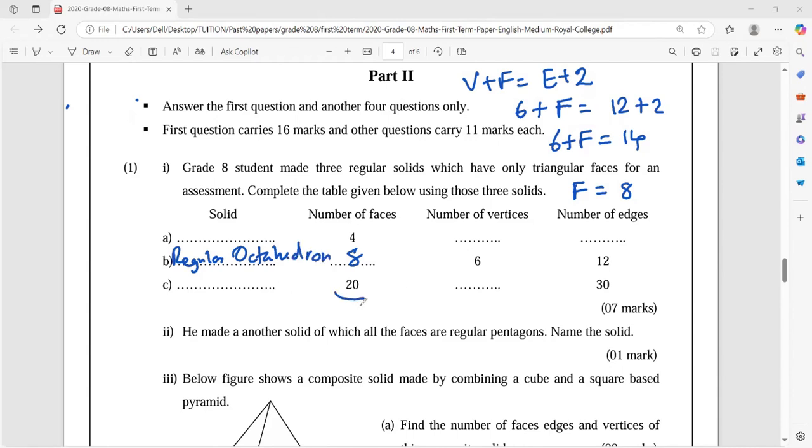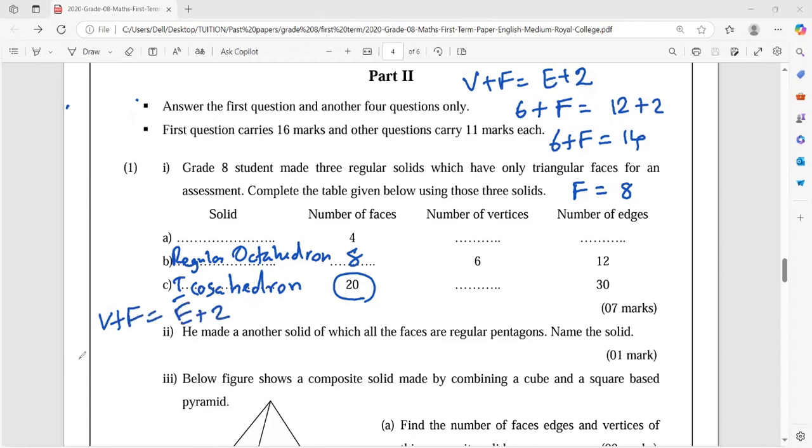Now 20 triangular faces, that means the icosahedron, is the regular solid. To calculate the number of vertices, you can use V plus F equals E plus 2.